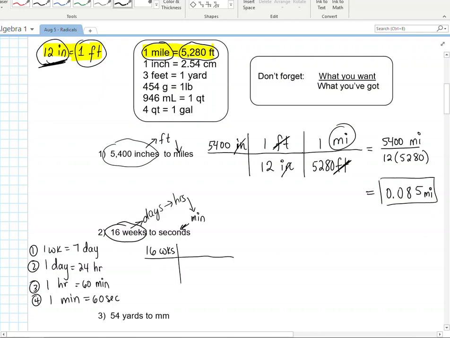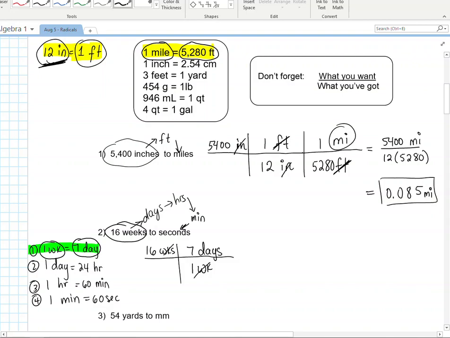Step 1 is to go from weeks to days. So we'll use that one first. You need to decide who goes where. Here you have 1 week and 7 days. Since we have weeks here, in order to cancel it, we need weeks on the bottom. So the 1 week goes on the bottom and the 7 days goes on top.